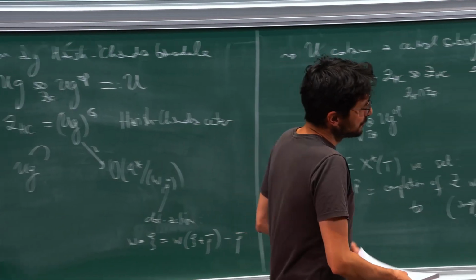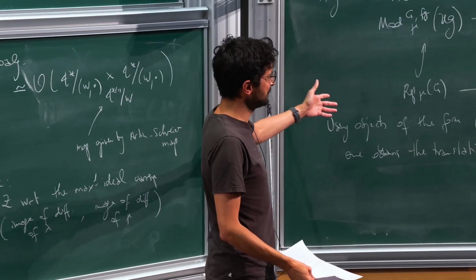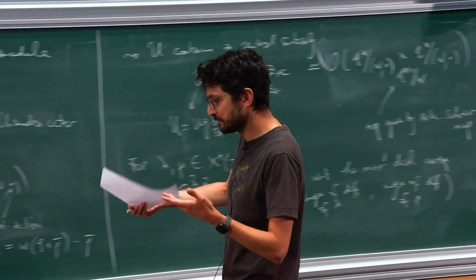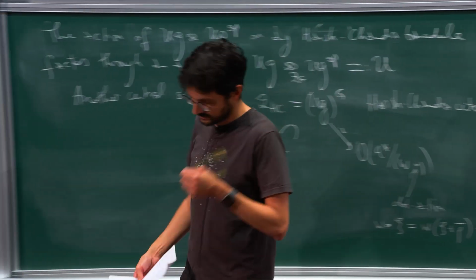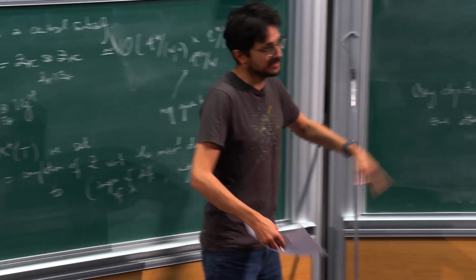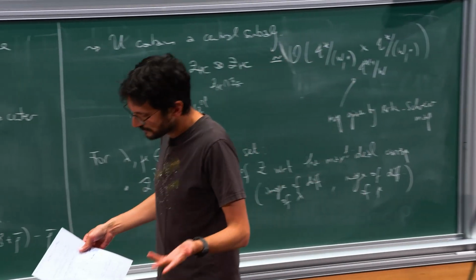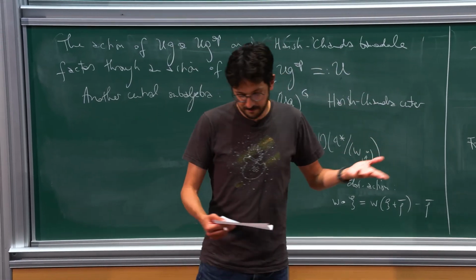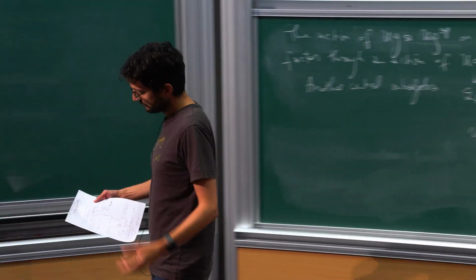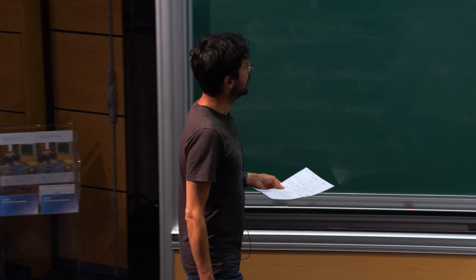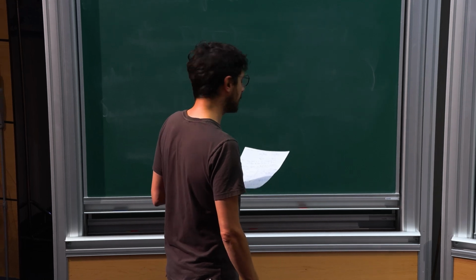Yes, but what is useful about this point of view is that now, if you want to consider some compositions of such translation functors, instead of having to compose functors, which is something very abstract, you just have to take tensor products of modules, which is something that you can more easily work with.